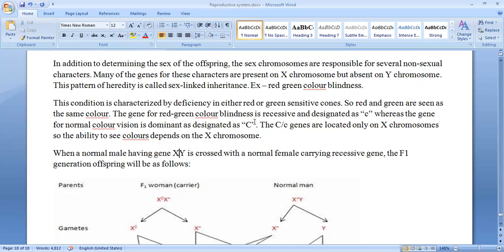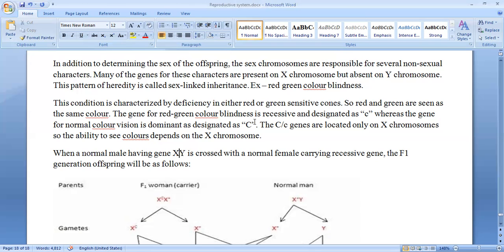But these sex chromosomes are also responsible for some other non-sexual characters. Many genes are present on the X chromosome but not on the Y chromosome. So they will get transferred to the next generation only when the X chromosome is transferred in that particular way. This kind of pattern is called sex-linked inheritance.